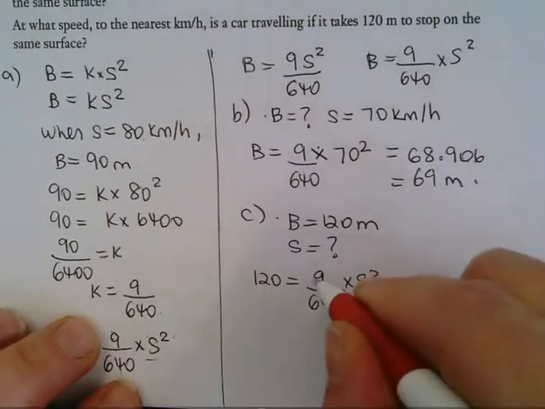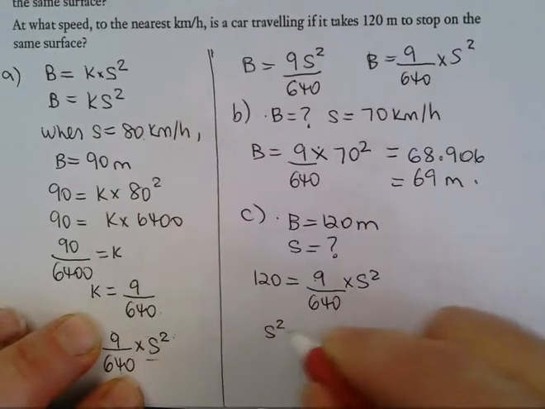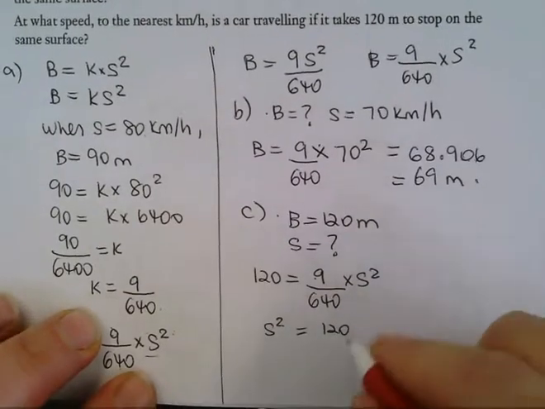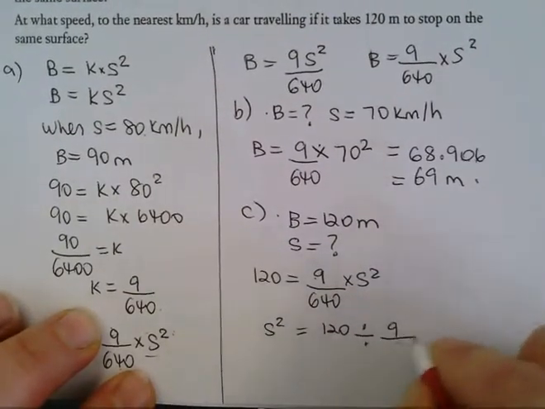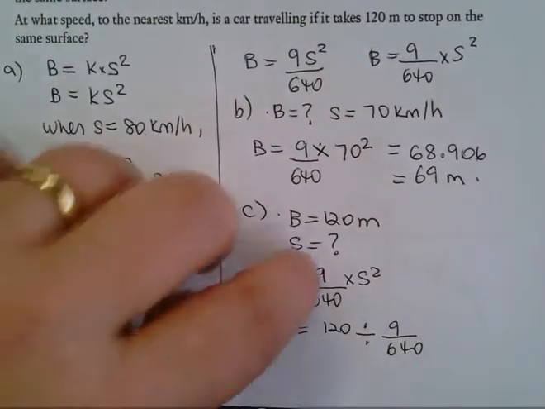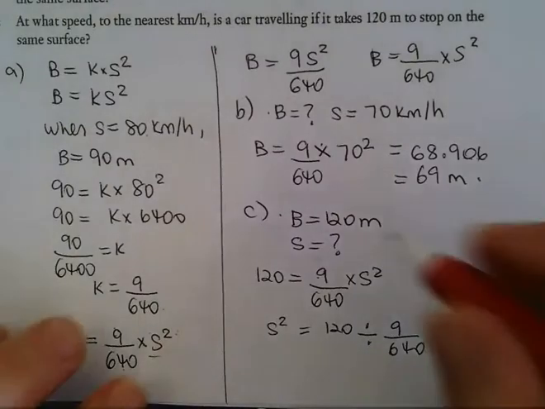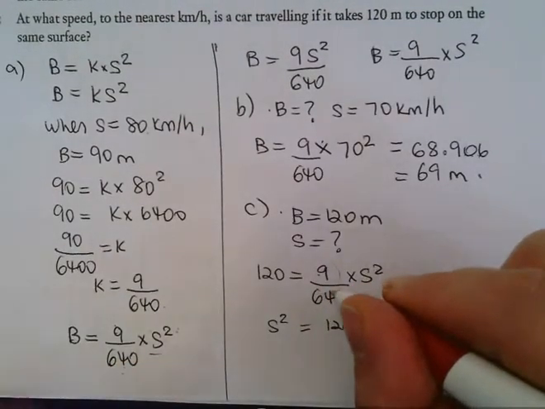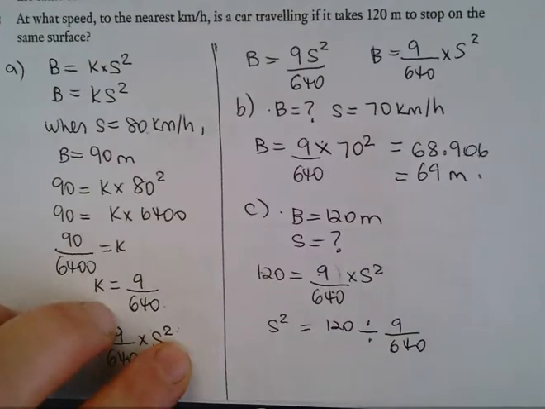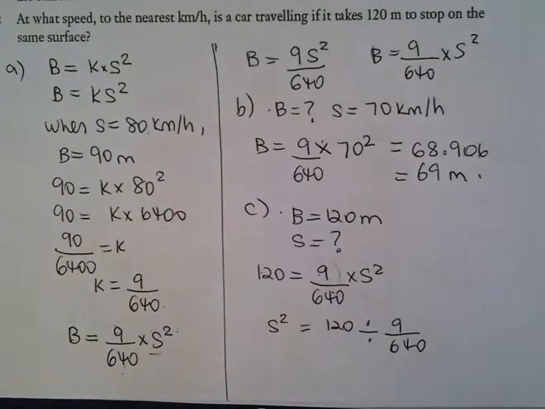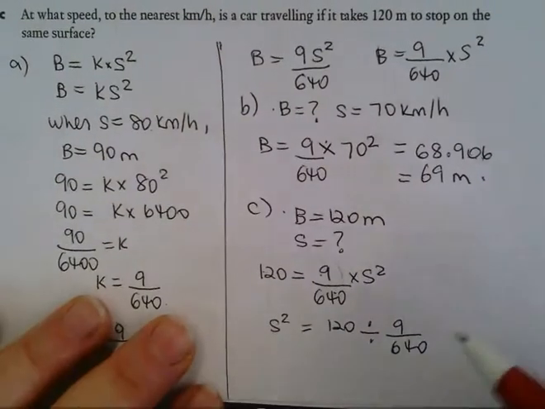What's the inverse operation of multiplying? It's dividing. Are you okay with that? What if this was 120 equals 5 times S squared? Wouldn't you divide by 5? If this number here was 5, for example, you do 120 divided by 5. True? You can just divide it by the value that it is, which is 9 over 640. That's one way of doing it.